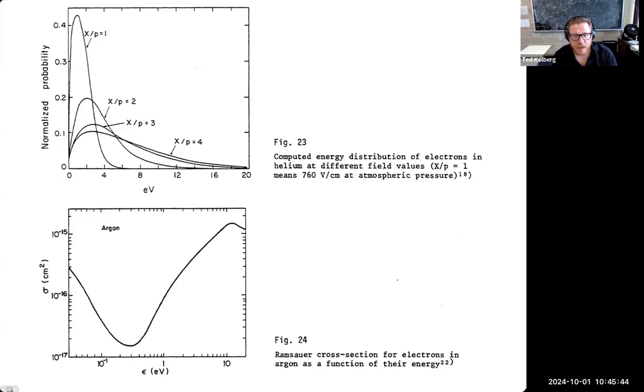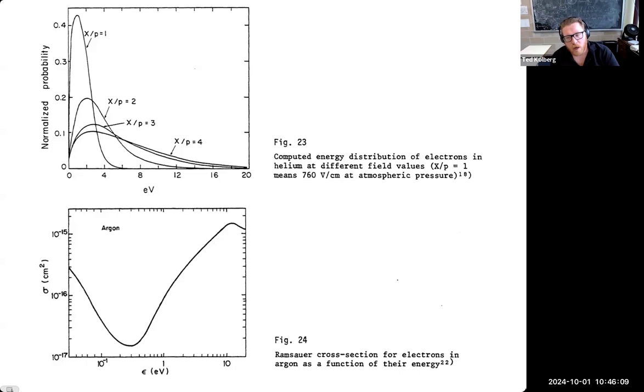So there's not as easily a single drift velocity that they immediately maintain. We have to think of the electrons in terms of a distribution of energies or a distribution of velocities, which makes everything more complicated. So at every stage of the amplification process, we have a population of electrons with a spread of energies.